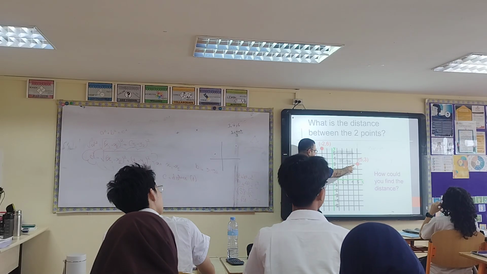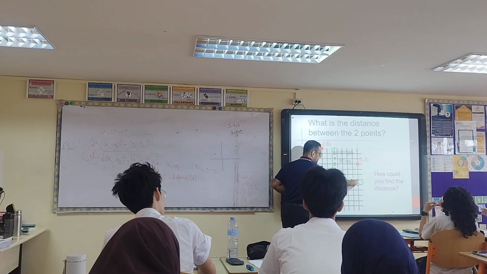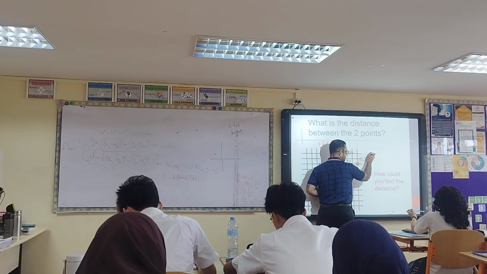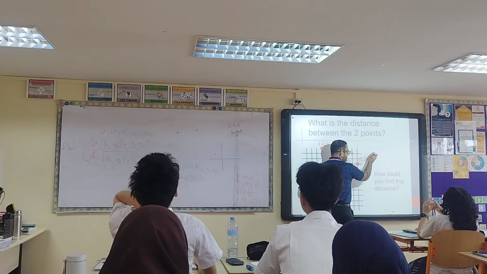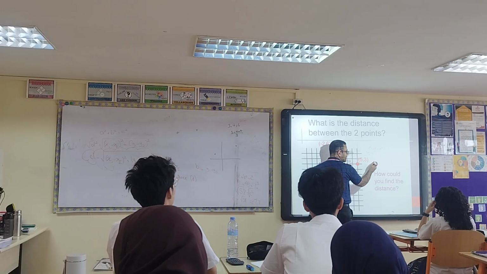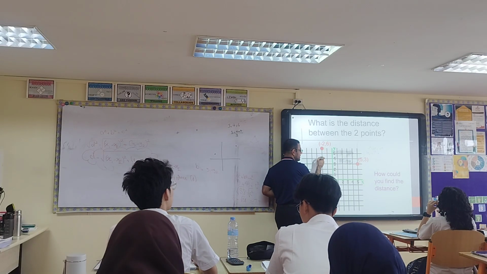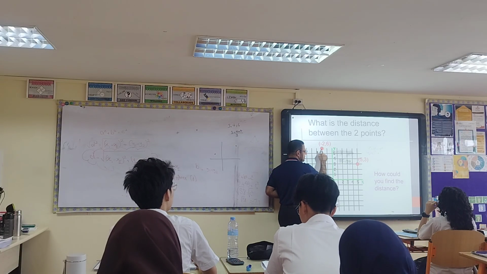Now b squared, how much is it? I'm counting the x's, right? So it's x2 minus x1 for the a, and I'll have it squared because of the a squared here. And for b, how much do I get?